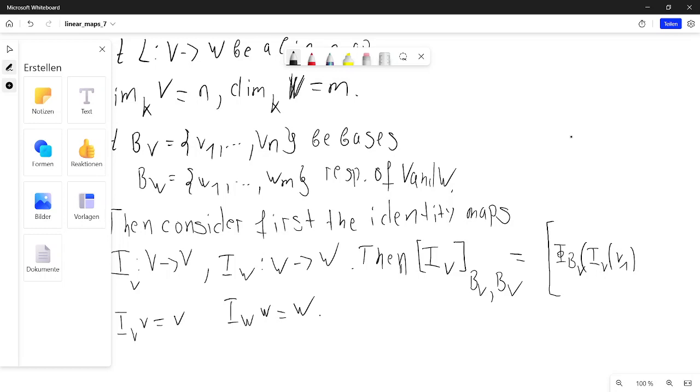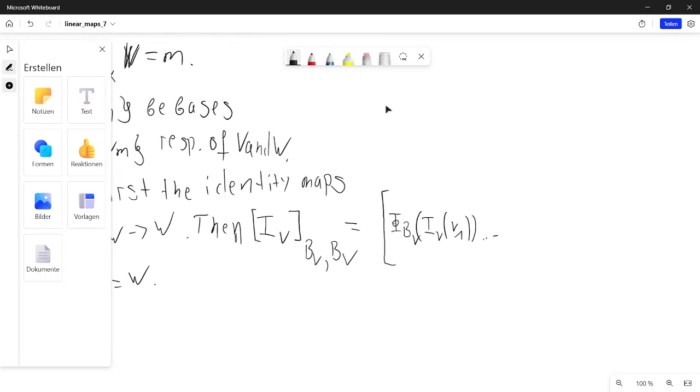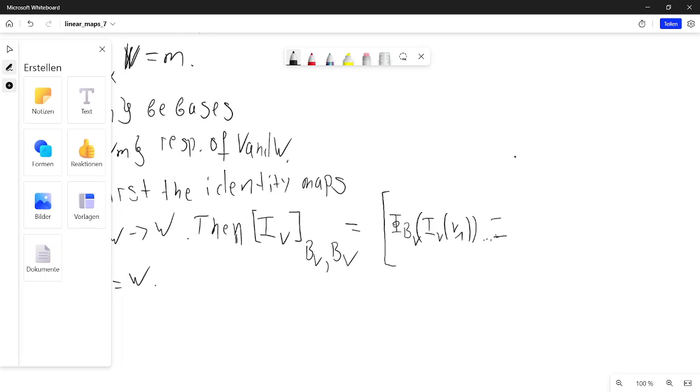Because we go to this basis, we have to represent the images of our map in basis B_V, right? That is why it looks like that. So don't be confused because we have somehow chosen the same thing. Doesn't matter, you just consider it separately. You have to take vectors v1 to vn because we start at this basis, just by the description which we had before, I think, two lectures ago or something.